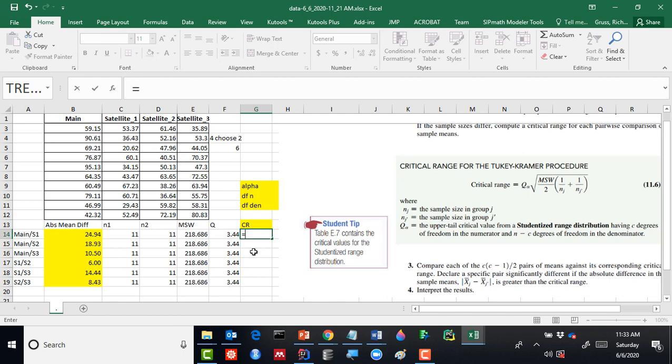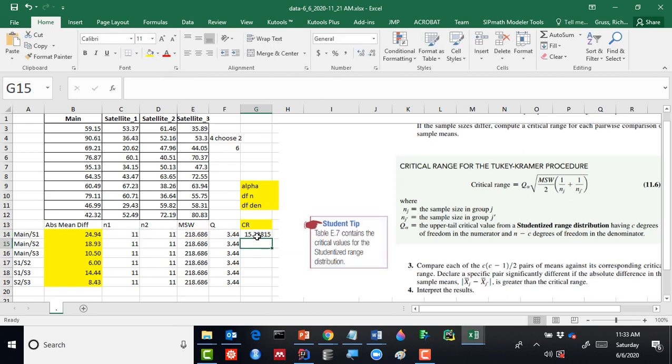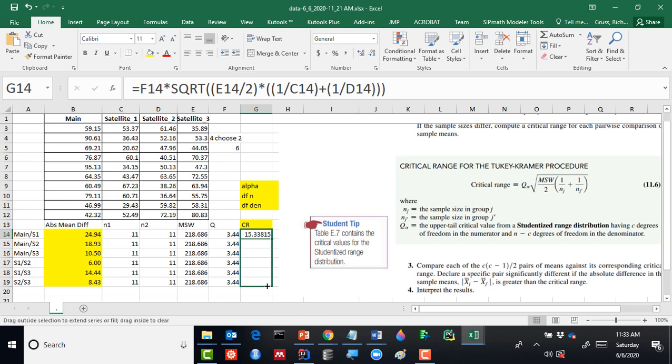So this will be Q, which is right here, times the square root of MSW divided by 2, okay, times 1 over N1 plus 1 over N2. Okay, and that's everything. Okay, so that is our critical range.